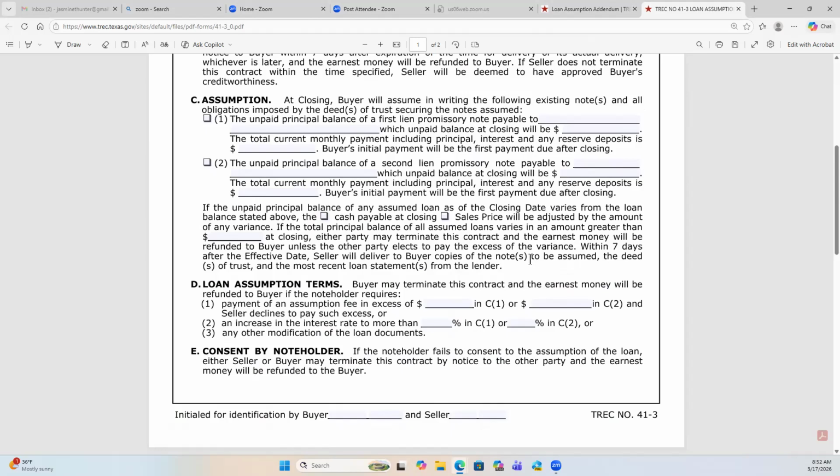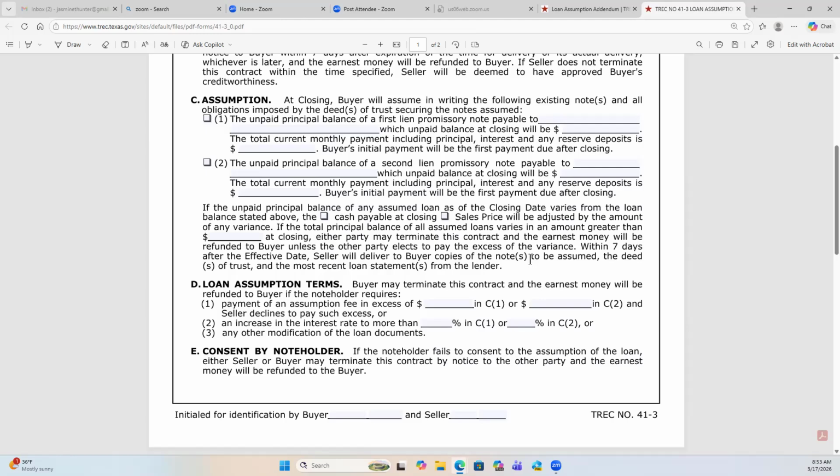Okay. I want to also make sure I clarify something else. If I'm assuming someone else's loan, that means my down payment is equal to whatever the sales price is minus the loan balance. Okay. So let me give you an easy example. If the price of the 123 Easy Street is 500,000, but the sellers owe 400,000 and I want to assume the loan, then for me to assume the loan, that means the loan terms have to be exactly the same.